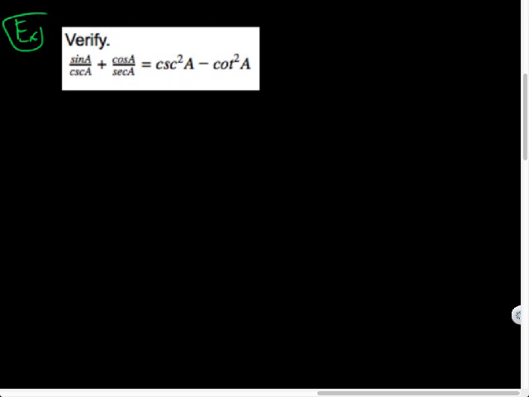Sometimes it'll be alpha, sometimes X, sometimes theta, so it could be all sorts of letters for the angles. Different name for the same thing, that's all. So sine A over cosecant A plus cos A over secant A equals cos squared A minus cotangent squared A.